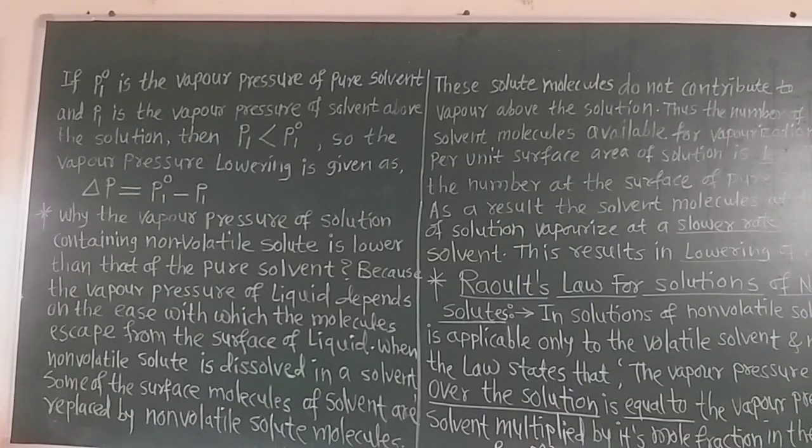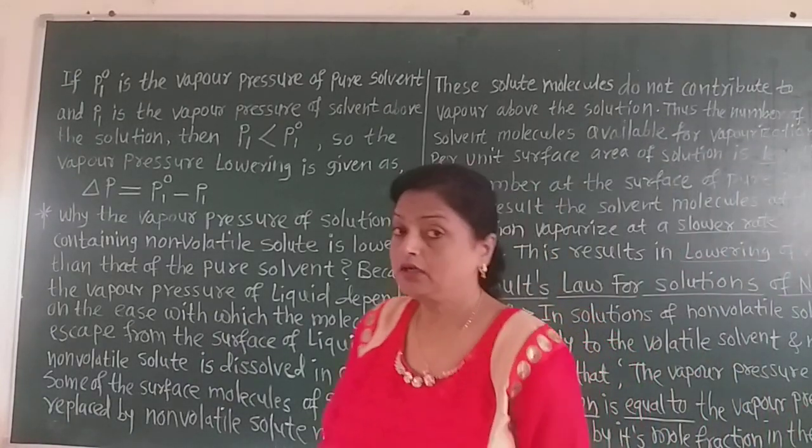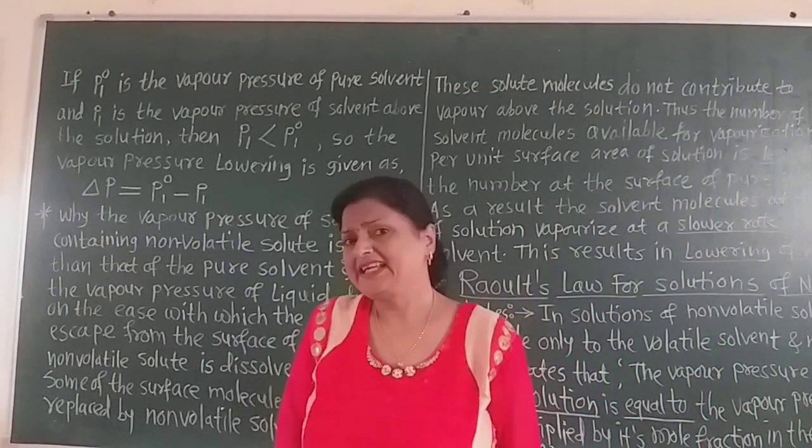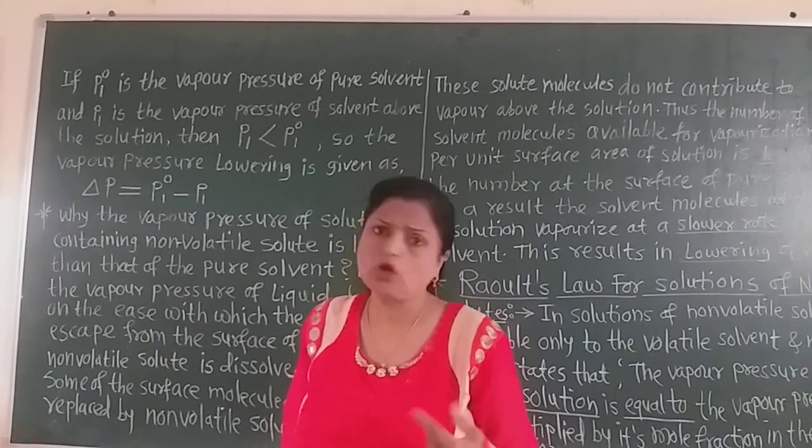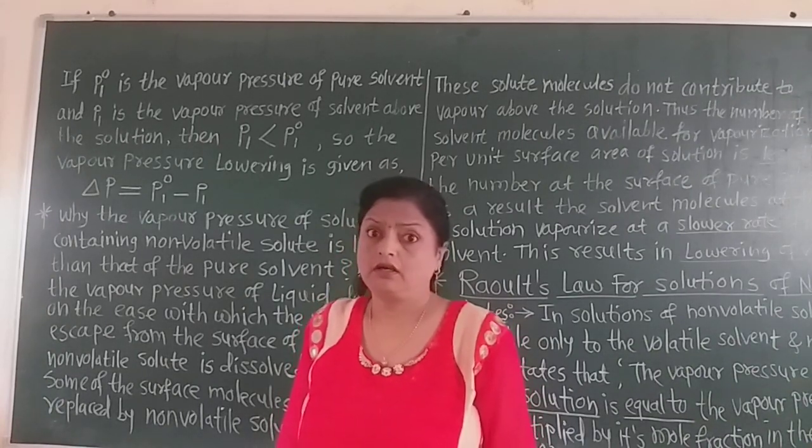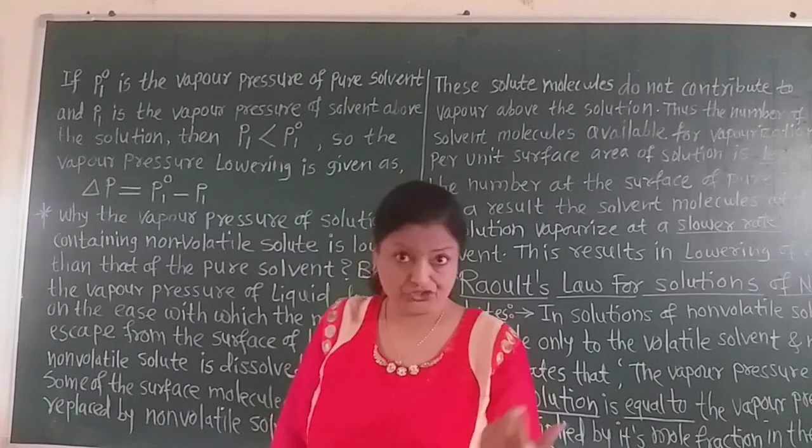Now again see, students, why is the vapor pressure of the solution always lower than the vapor pressure of the pure solvent? The vapor pressure of a non-volatile solute solution is nothing but the vapor pressure of that solvent over the solution.